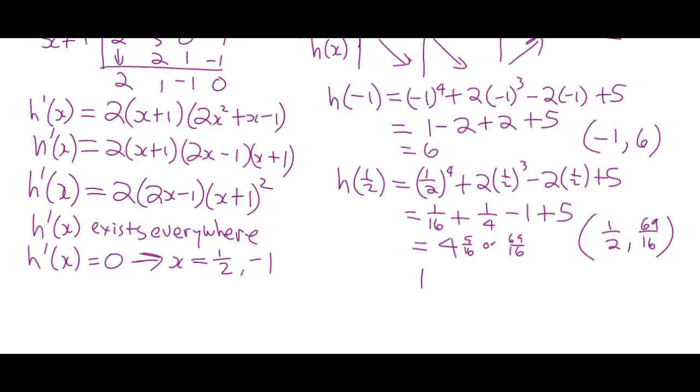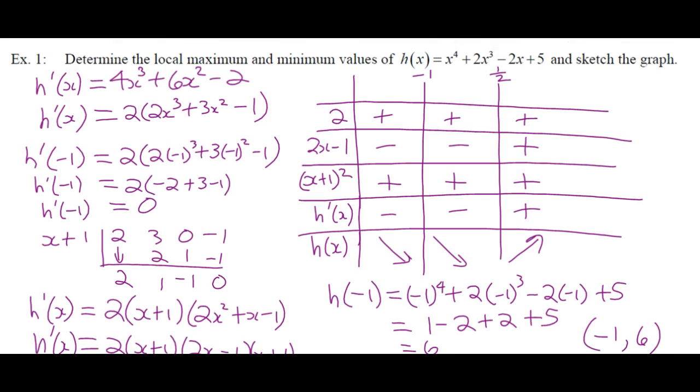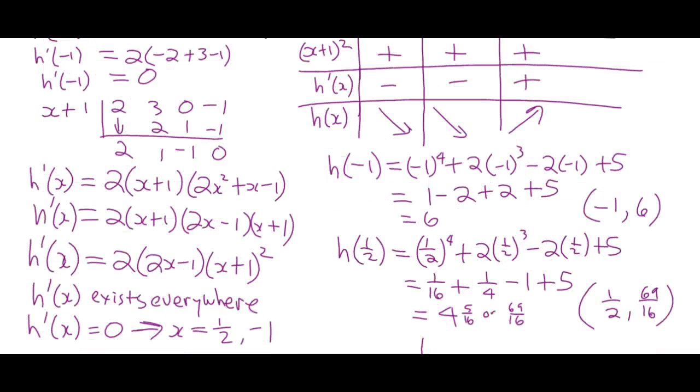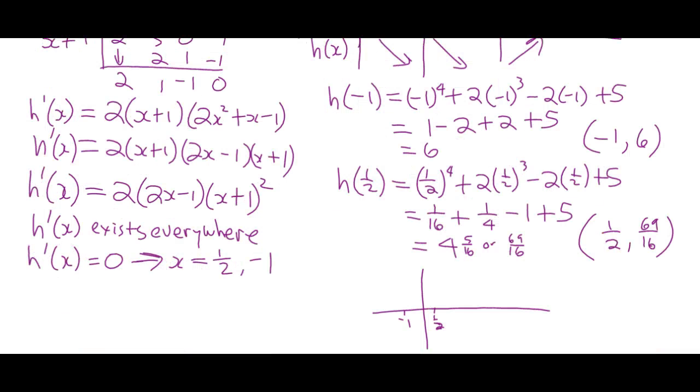Okay, so sketching this out, what's this going to look like? At negative 1, we've got 6. So there's negative 1, and this will be 1/2. What else can we do? We could do 0, right? Because 0, 5 is the y-intercept. So we've got 0, 5. We've got negative 1, 6, which is a point of inflection. And then we've got 1/2 and 4 and 5/16, a little bit under 5 there.